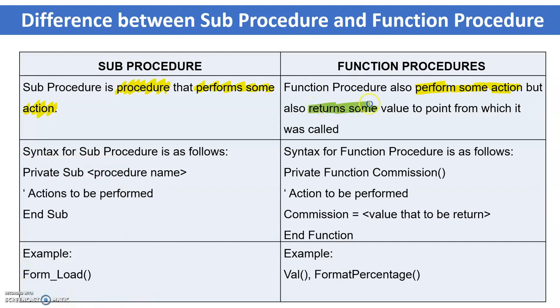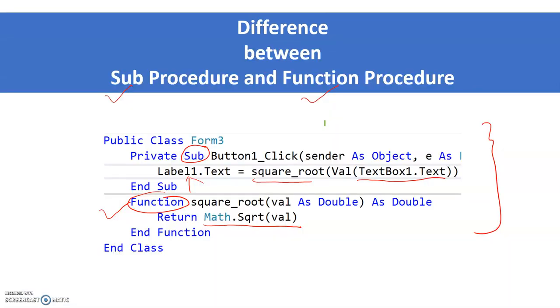returns some value, while a sub procedure cannot return any value. And where will it return? To the point from which it was called. So see, here we call the function from this location, right? And when it returns the value, that value will come over here only.